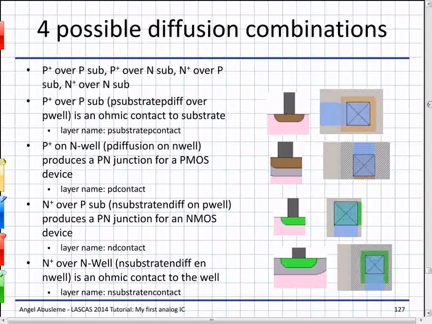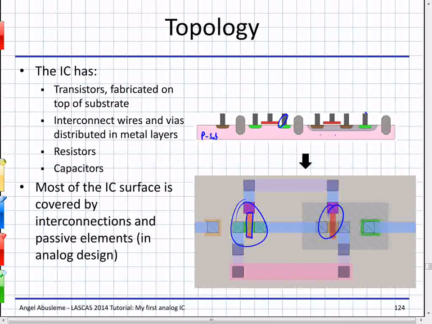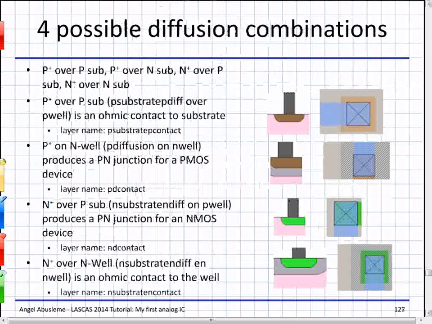When we get that, this is P substrate, and P plus, this is P plus over P substrate. That will give us an ohmic contact to the substrate. So P plus over P sub is an ohmic contact to substrate.